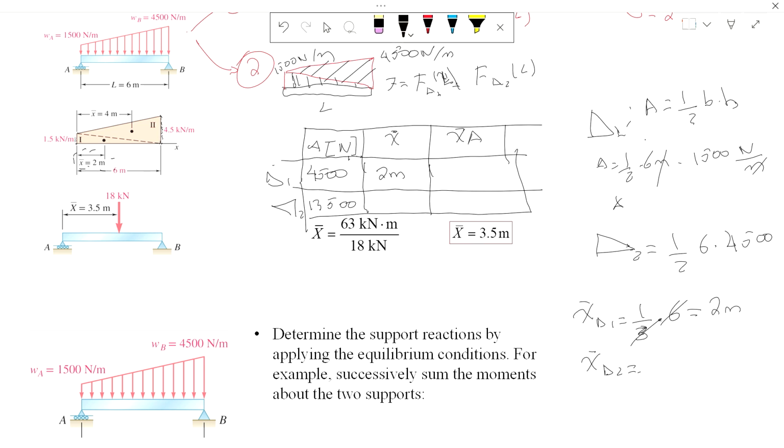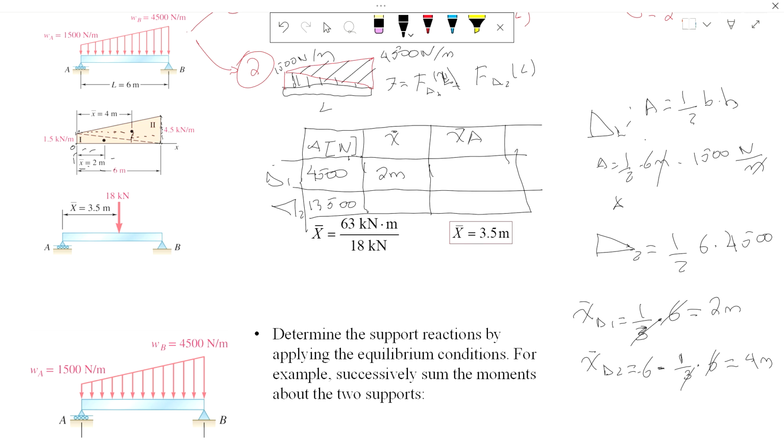So we have to locate this distance right here. And we know that 1/3 of 6 is from that centroid to the base of the triangular shape. So let's get to this point and then subtract that. So this is 6 minus, because we're going to go back, 1/3 of 6. 1/3 of 6 is 2, so this is equal to 4 meters, right? Because the origin is right here.